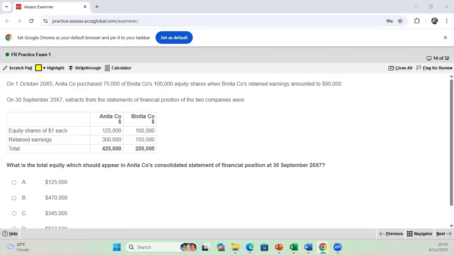When we bought the subsidiary it had retained earnings of 90, now it is 150. So 150 minus 90 is 60, and we multiply by the percentage of the parent, 75 out of 100,000, which is 75%. The parent bought 75%. So 45 is what we take from the subsidiary and add to the parent to get the group retained earnings.